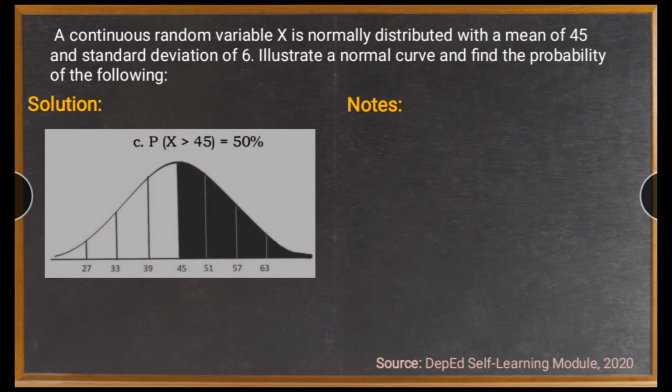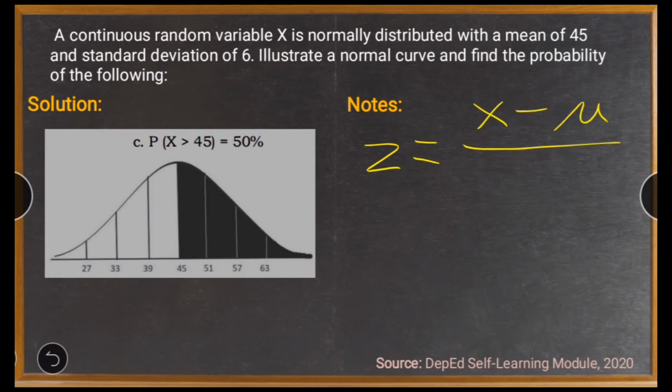So remember that 45, if we're going to evaluate it using the z-score formula, we have z is equal to, of course, the formula, raw score minus mu over sigma.